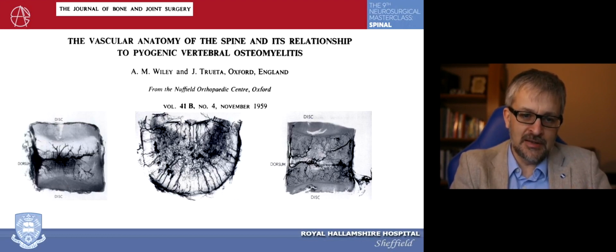So remember, this is a histological image from 1959, so it's been 60 years now, and it is beautifully demonstrating how the bug is reaching the spine.